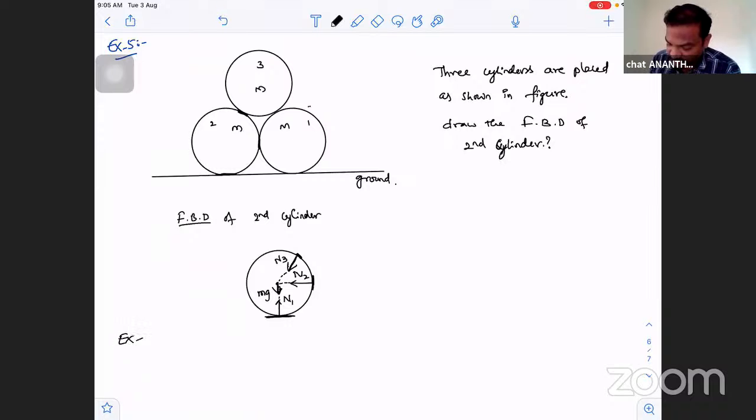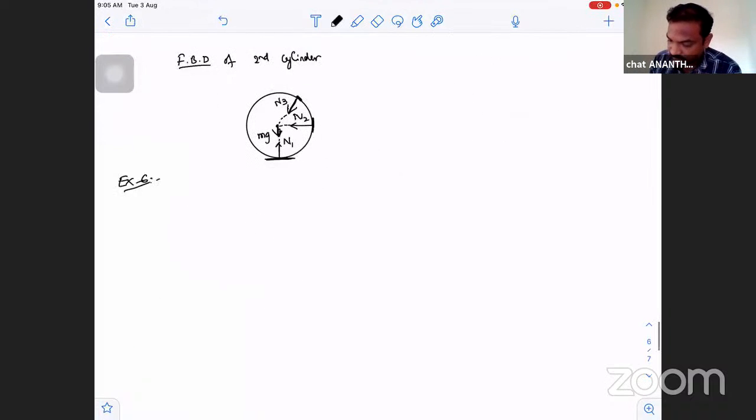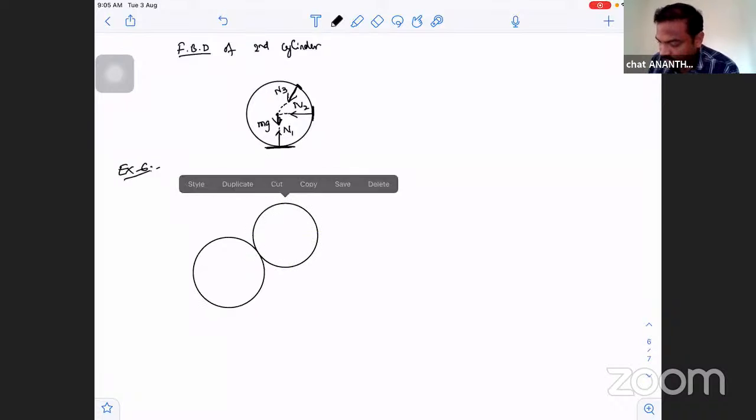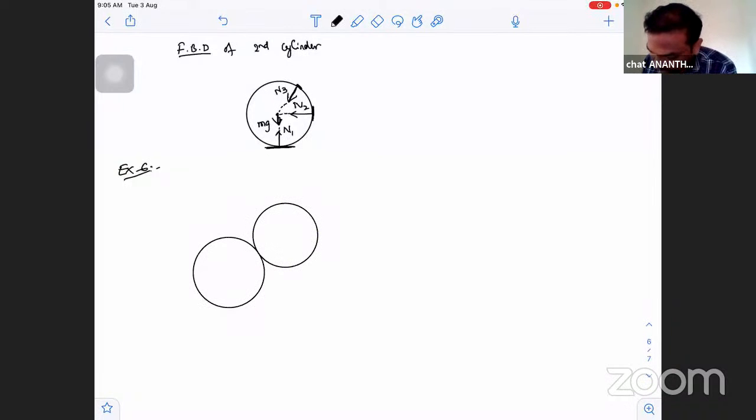So next, example 6. Suppose there are 2 spheres, one in contact with the other. Both are kept inside a glass, let us say. 2 goolies, I think all of you know goolies, right? 2 goolies, 2 spheres, are kept inside a vessel.